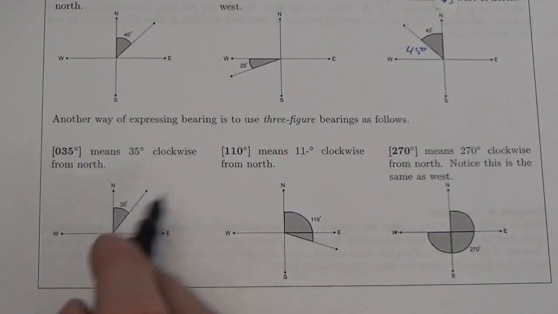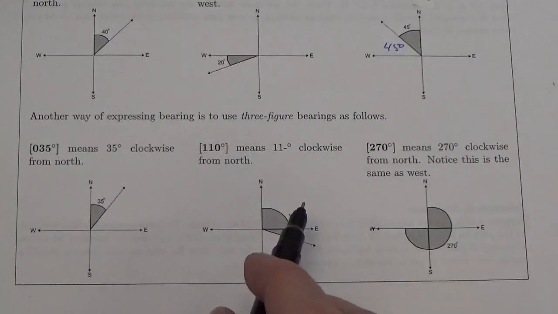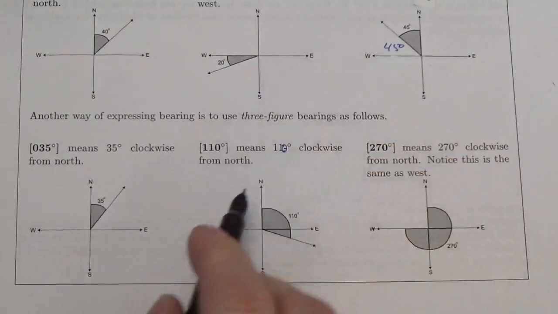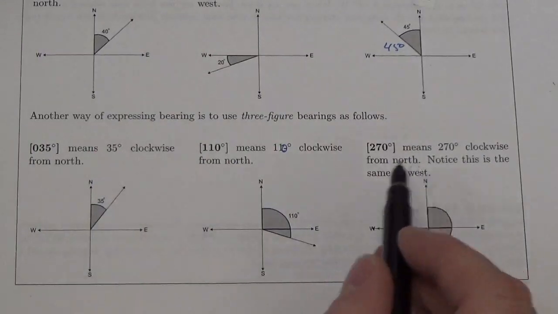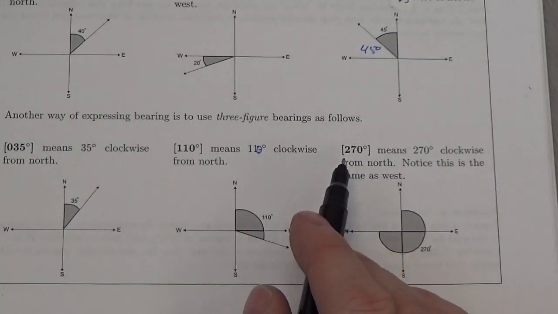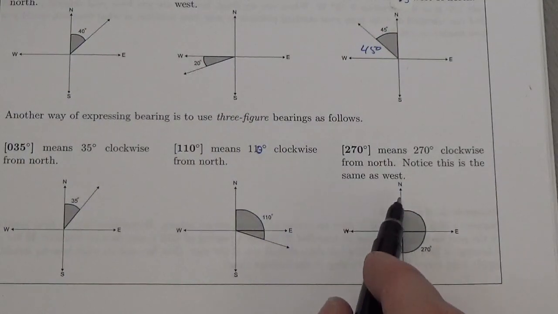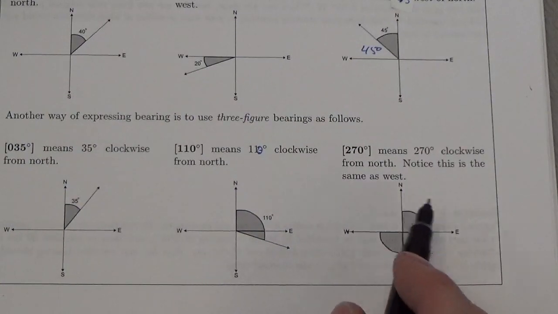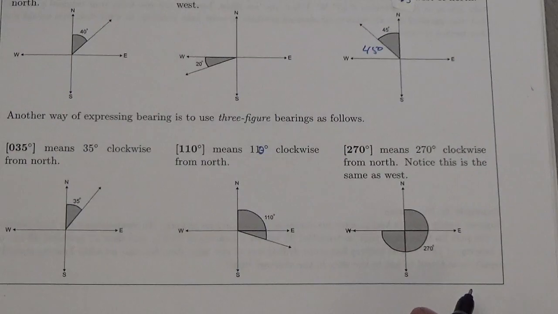If it's 110, there's another little error there, that's 110 degrees clockwise from north, so starting there, we rotate this way. If it's a bearing of 270, that's 270 degrees, again clockwise, starting at north, and notice that gives us a direction of west.